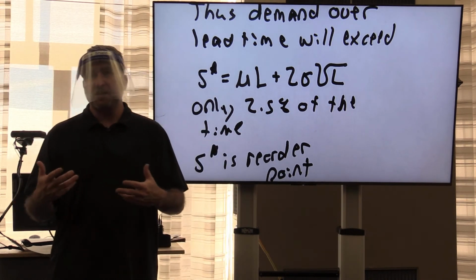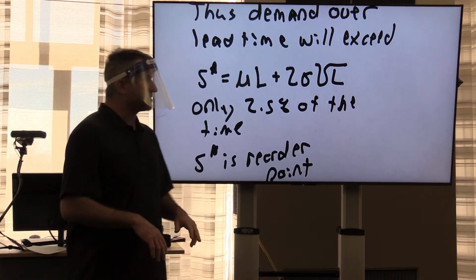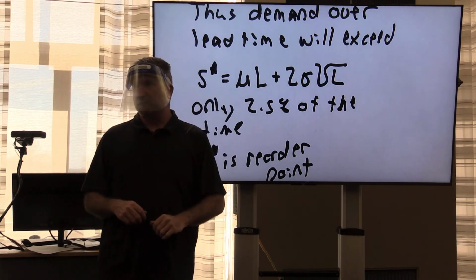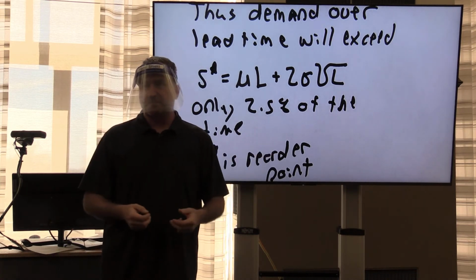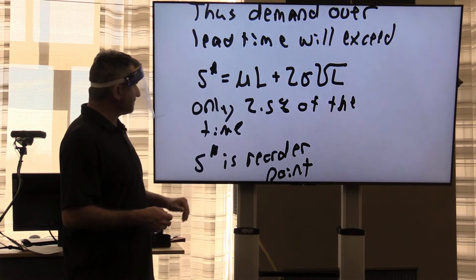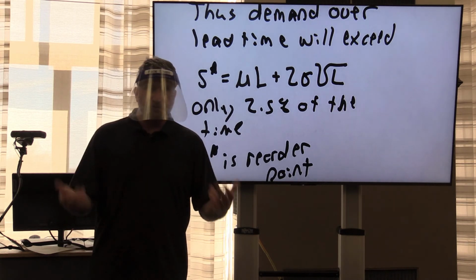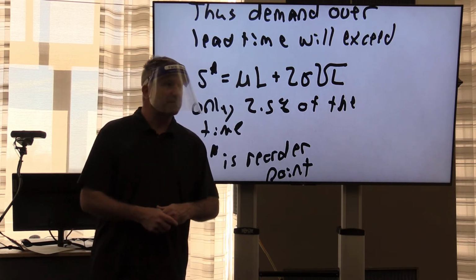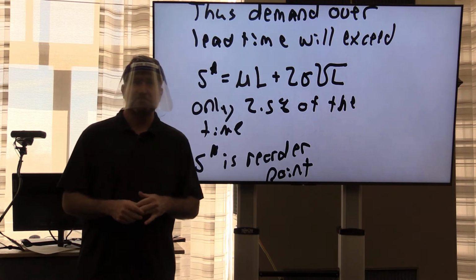And so that means we want to reorder when our inventories of chicle base reach this point, 2 standard deviations above the mean, when we're talking about demand over lead time. When it hits that point, that's when we reorder. And when we do that, we know that 97.5% of the time we won't run out before the new order comes.